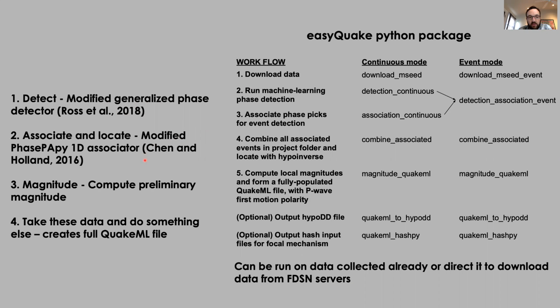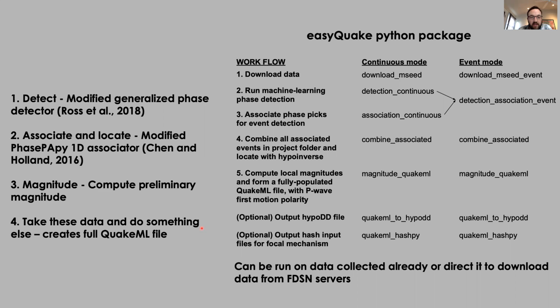And that associator, while it aggregates picks and identifies possible event times, also completes a grid search on a 1D velocity model to identify possible locations for that seismicity. Finally, we compute the magnitudes. Given that preliminary location, we can come up with an estimate for the earthquake magnitude, and then we want to do something else with that data.